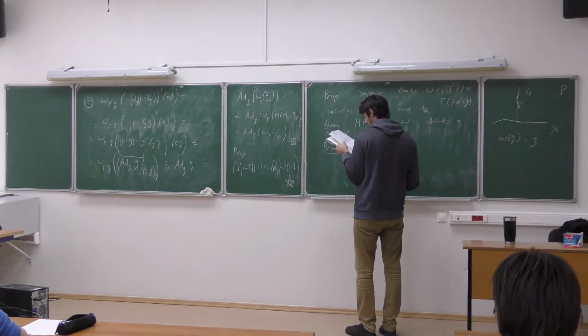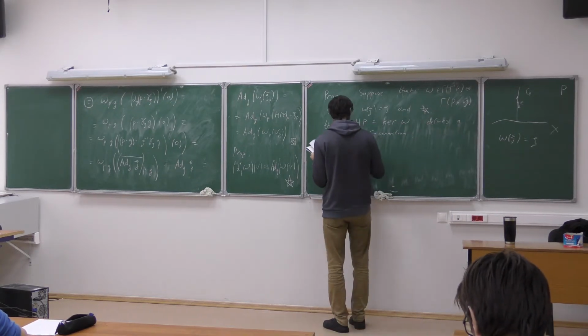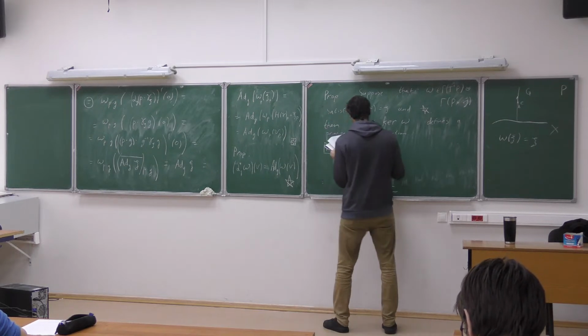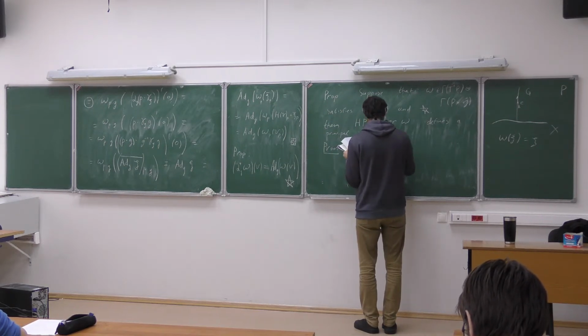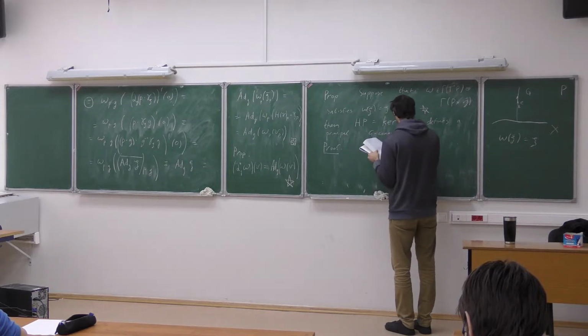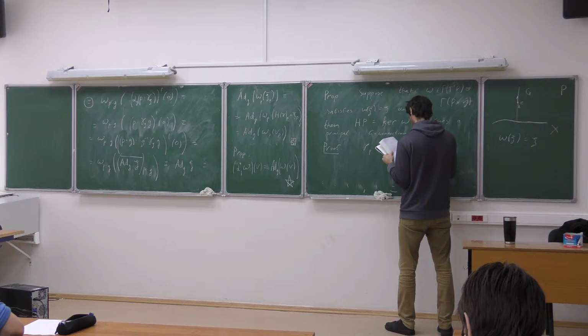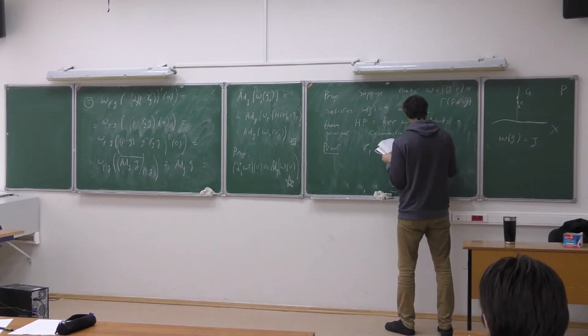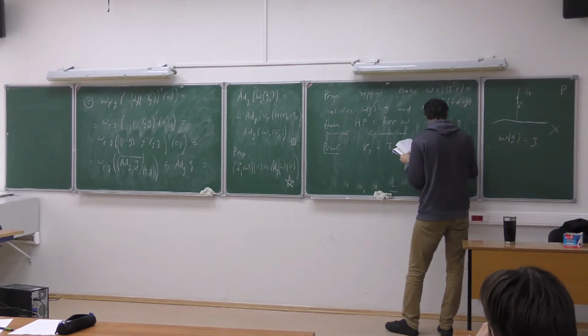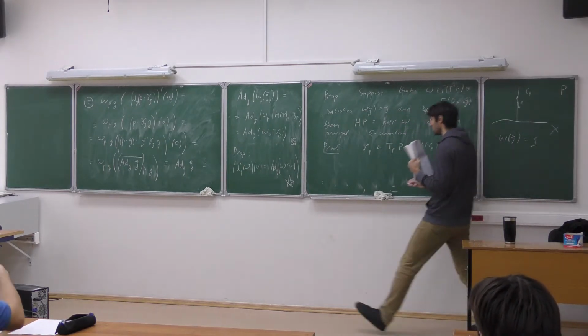So first, what I need to check is that if I take some vector Vp from the tangent space to P, well, it's from the kernel, so omega P of Vp is 0.